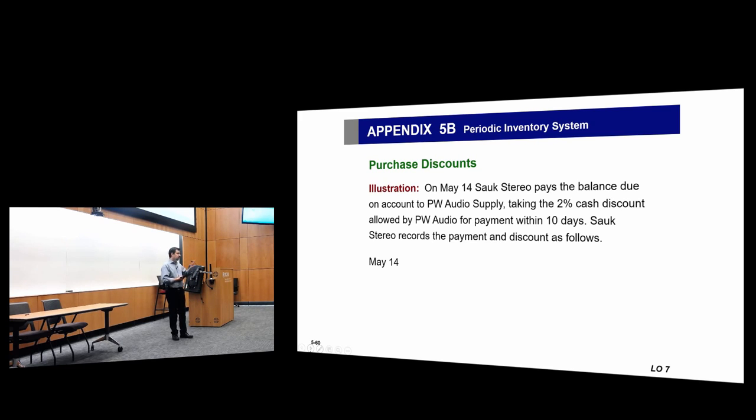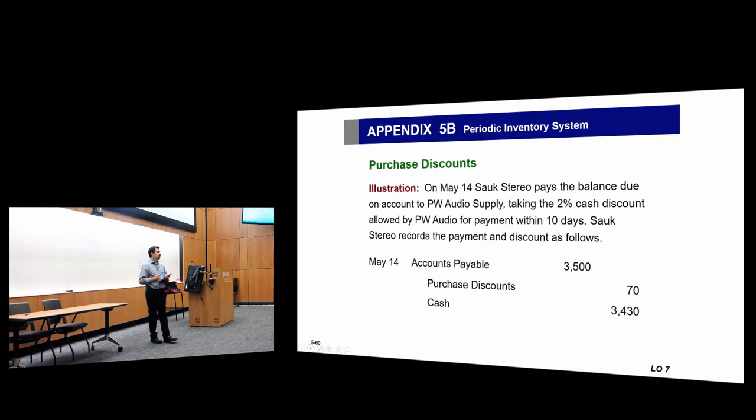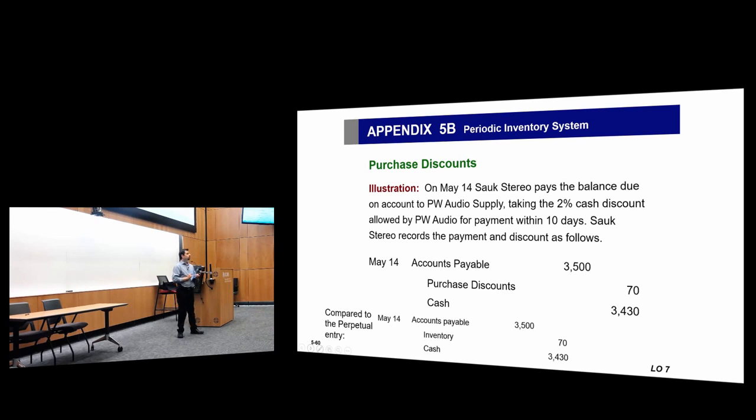So the debt will be erased. Accounts payable will be debited $3,500. Cash will be credited $3,430. That's $3,500 minus the discount. But again, instead of using inventory, because at that time we considered the cost of inventory, now we actually credit it to purchase discounts.